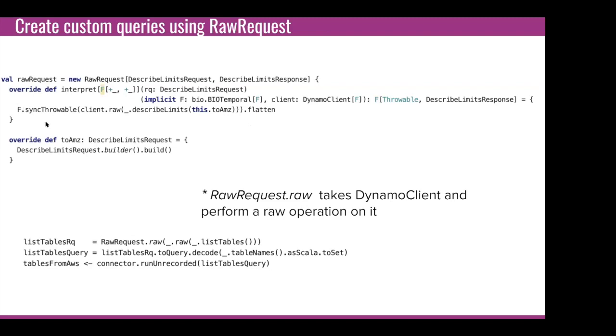On the other hand, you could use this raw function from the companion object of raw request and just provide the Dynamo client and run the particular query you want in that way. So these are two ways to do your custom request.